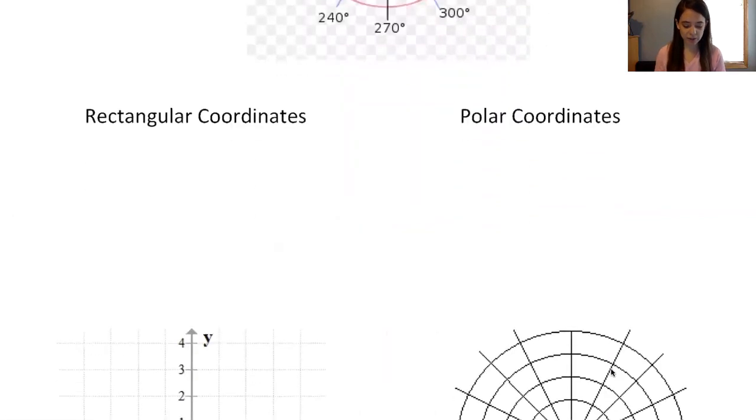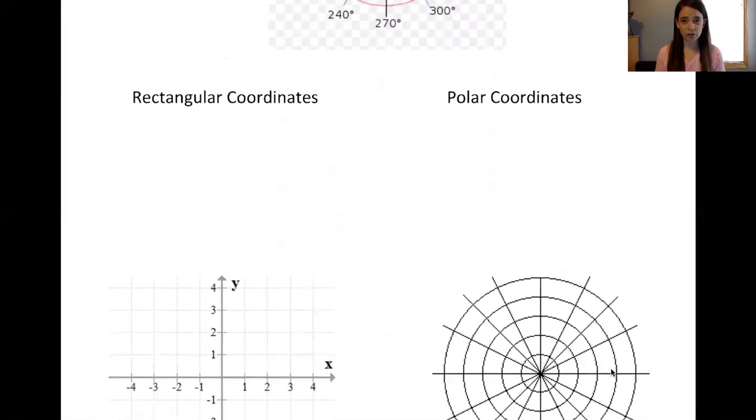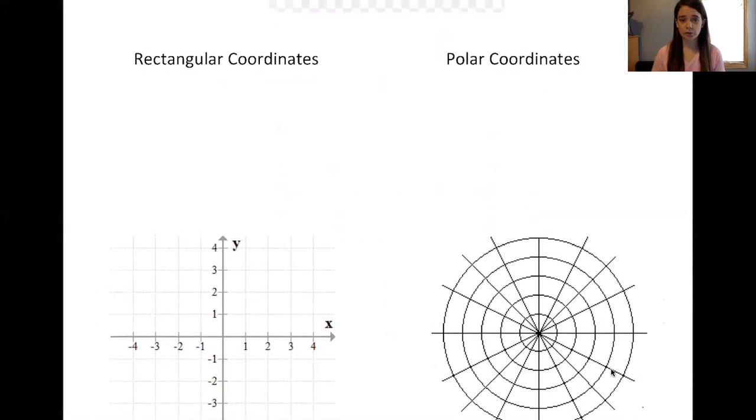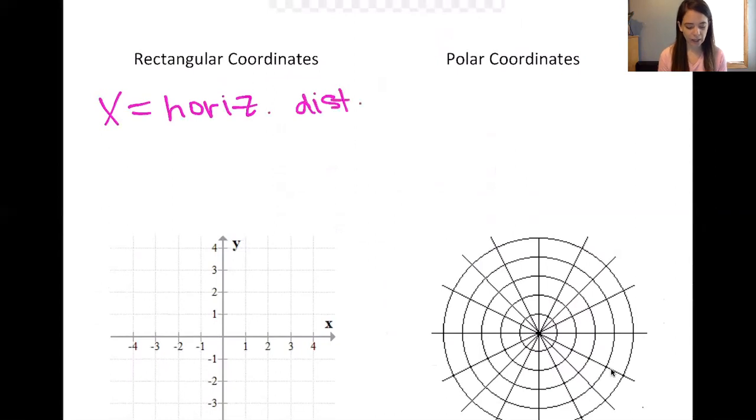So let's talk about the differences between what we call rectangular coordinates and polar coordinates, okay? So in rectangular coordinates, we like to move horizontally in terms of our x variable, and vertically in terms of our y variable.